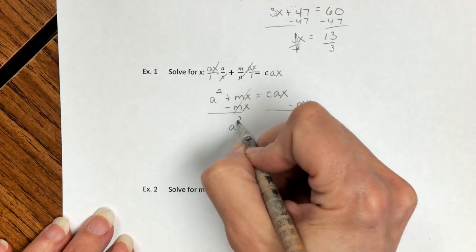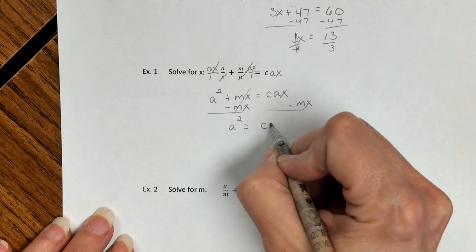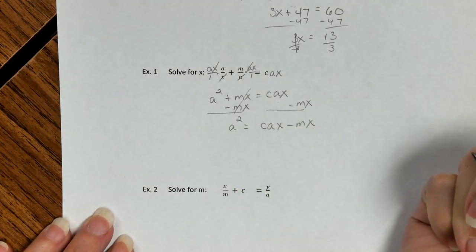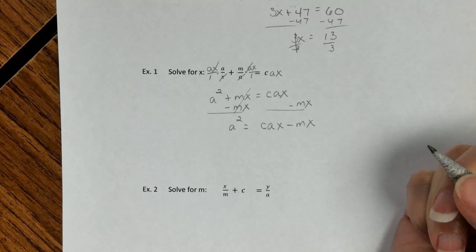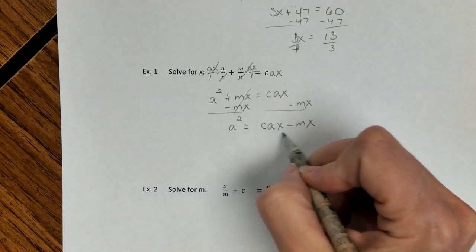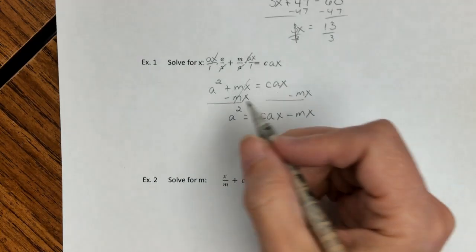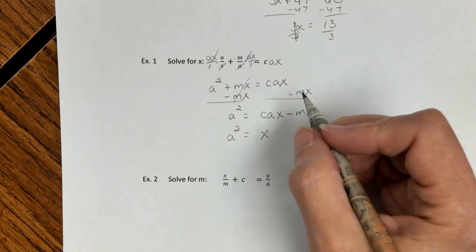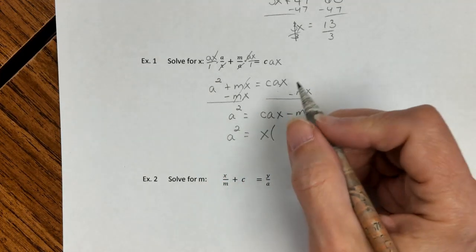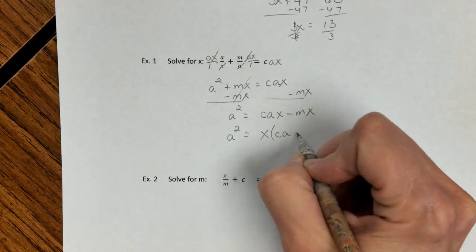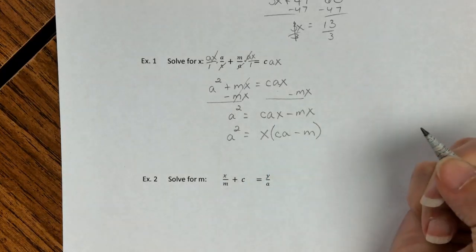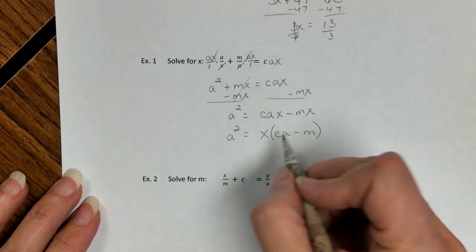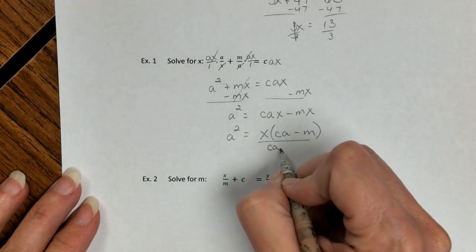We have a squared equals cax minus mx. Then we're solving for x, so we're going to factor x out of that side of the equation. That's the common factor. So that would be ca minus m.